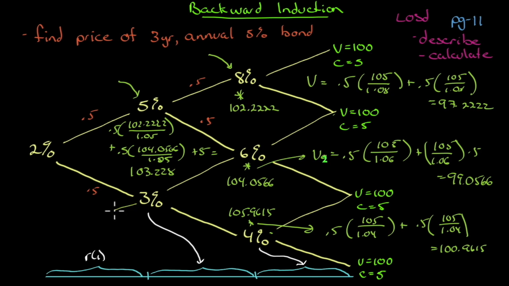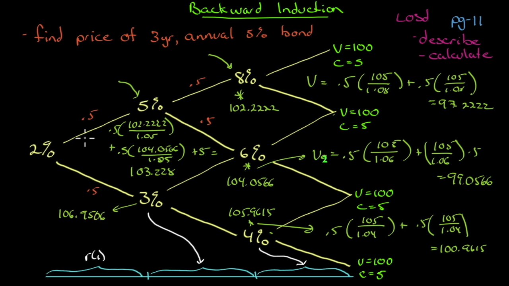And then, of course, you bring this one back, and how do we do that? 0.5 of 104.0566 divided by 1.03 plus 0.5 of 105.9615 discounted back at 3%. And, of course, you add your 5. We will get 106.9506.